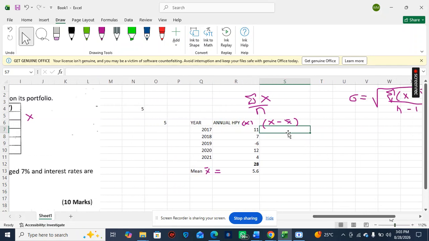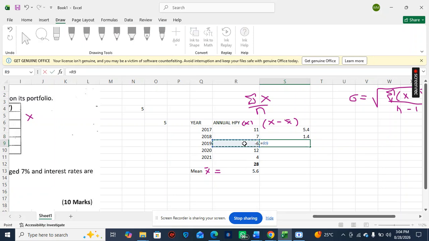For example, our 11, how far is it from the mean of 5.6? It is 5.4 units away. The next one, this 7, how far is it from the average? 1.4 units.